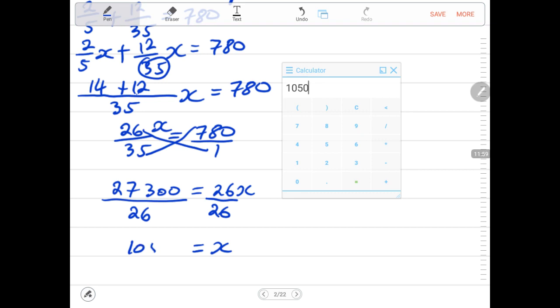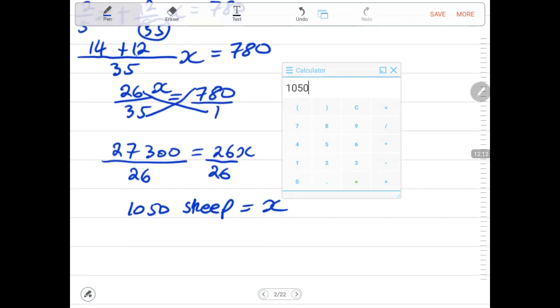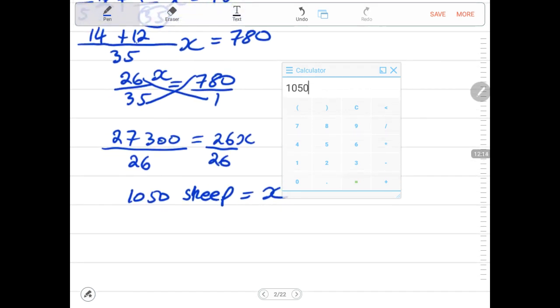That means this owner had 1,050 sheep altogether, meaning in total, before he sold in January and in February. So this is the number of sheep that he had. If he had 1,050, how many sheep are left? The sheep that are left will be the total sheep he had minus the sheep that were sold, which is 780.